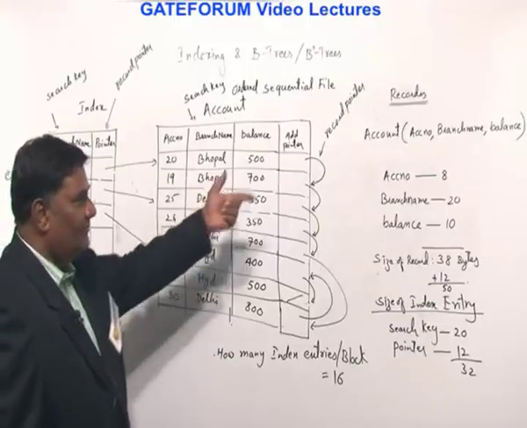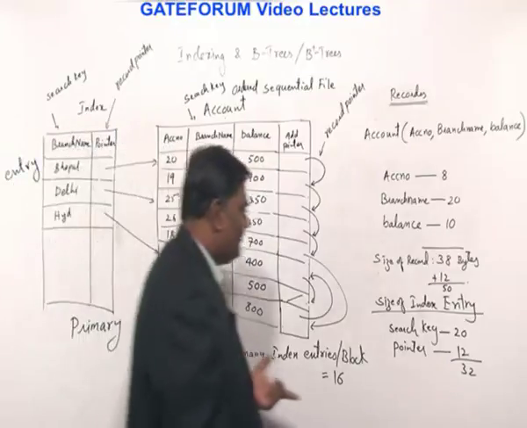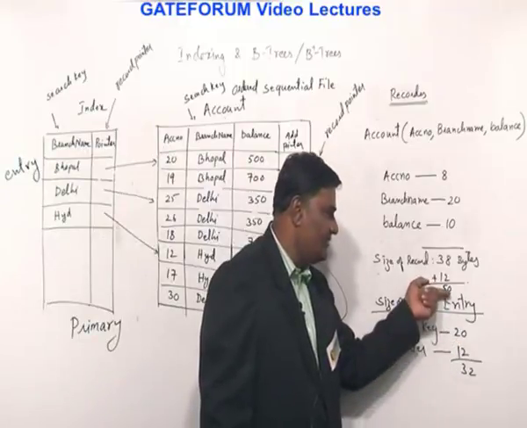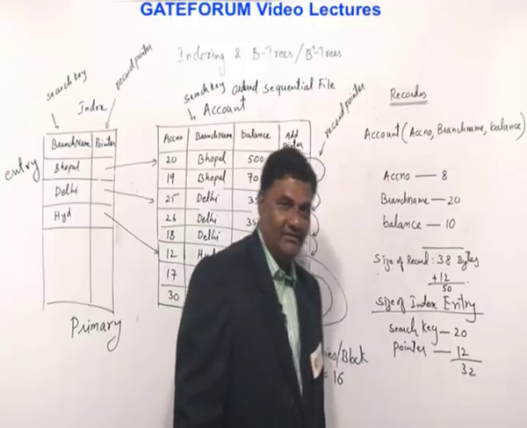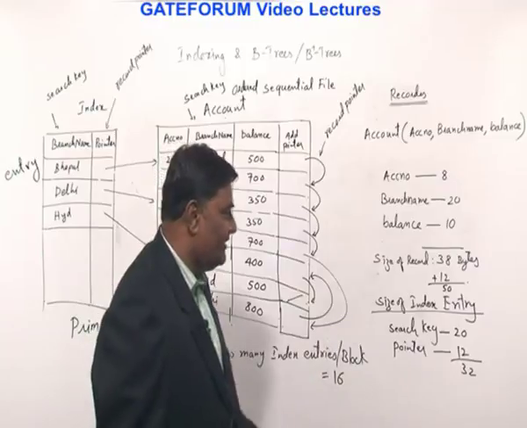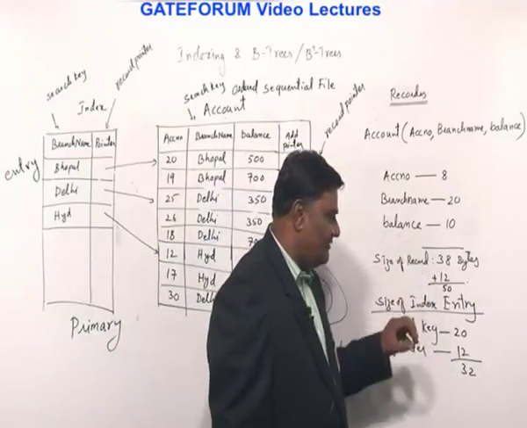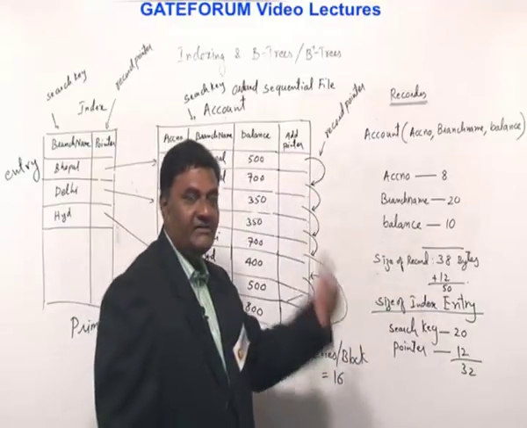So in this example, branch name is 20, and here also I have taken branch name only. So that's why it's almost nearer to 50. So you can say it is 75 to 80% of the memory it is consuming, so around 20% is reduced.